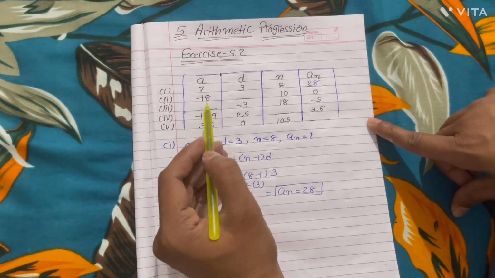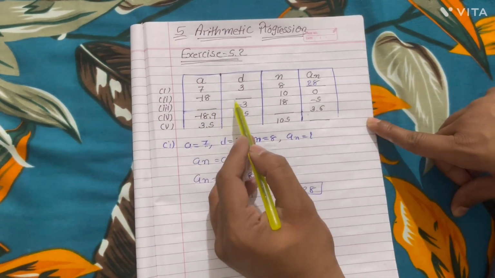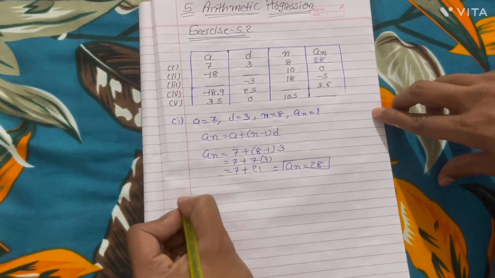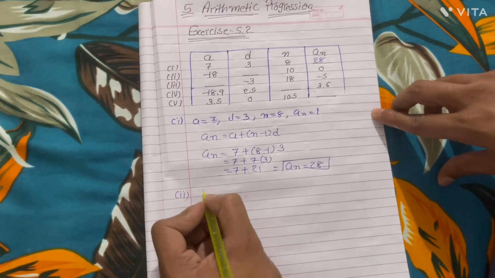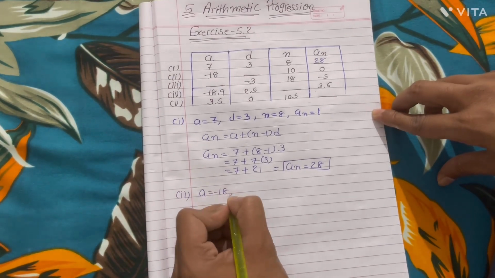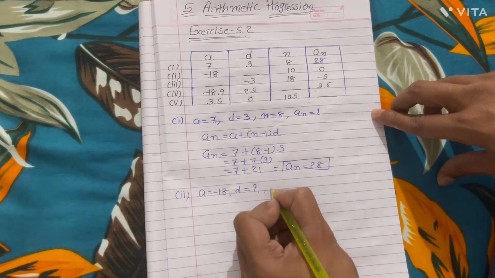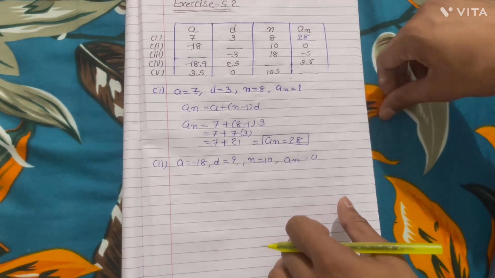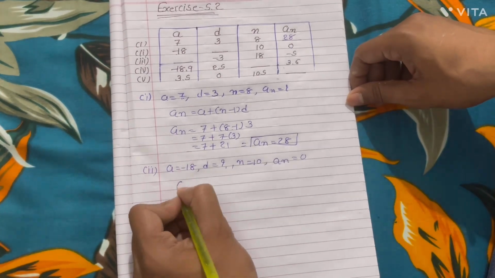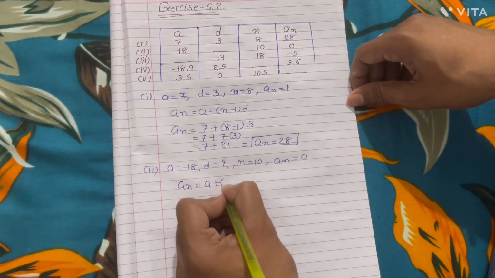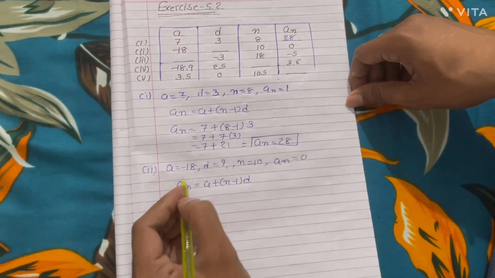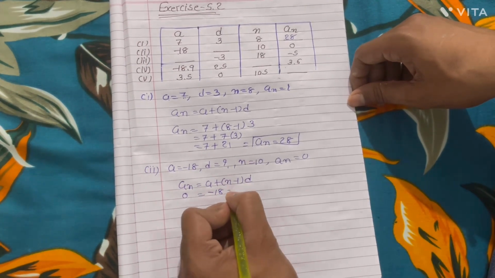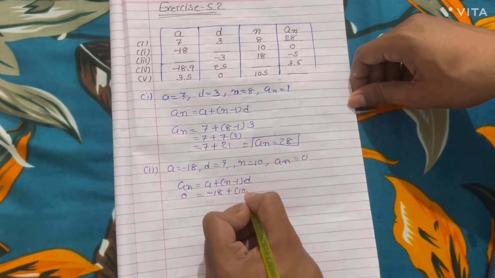Second question: here a is equal to minus 18. We have to find d, n is equal to 10, and an is equal to 0. Same equation: an is equal to a plus (n minus 1) into d. an is equal to 0, a is equal to minus 18, n is equal to 10, so we get 10 minus 1.